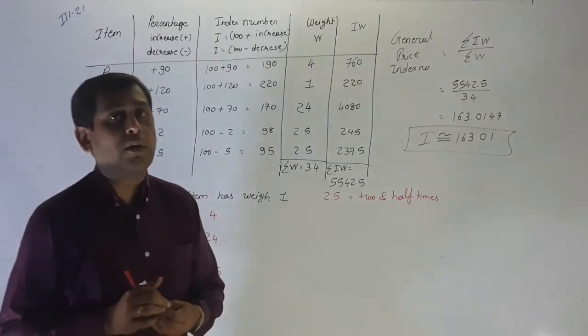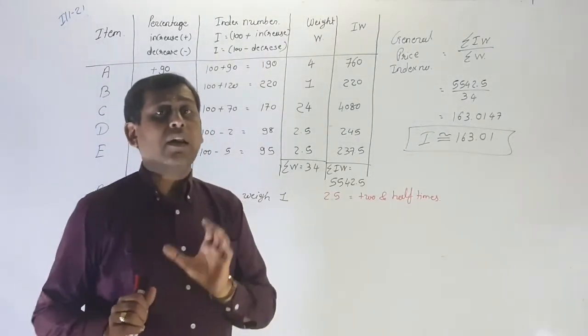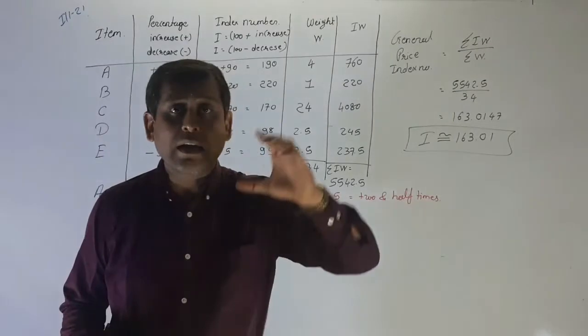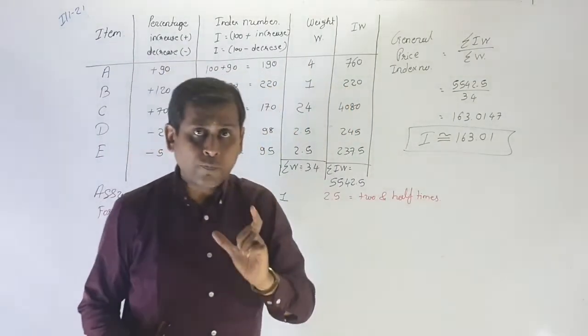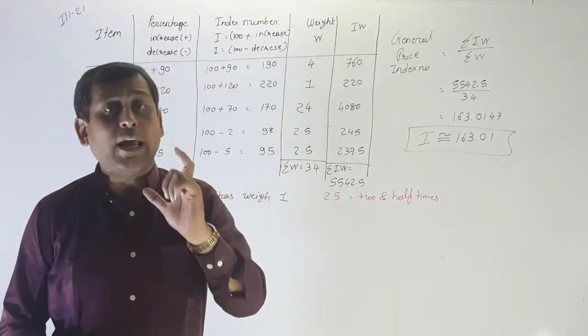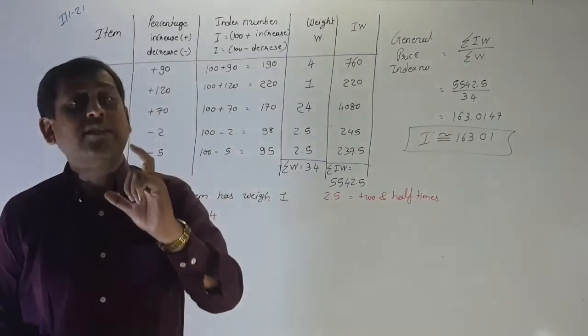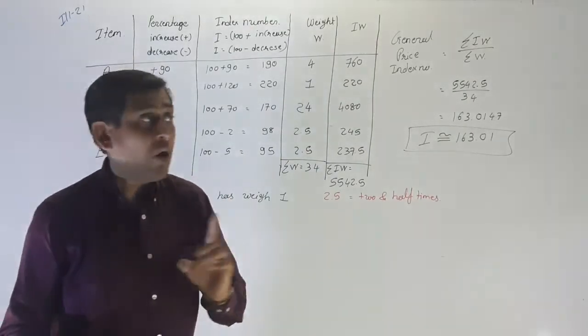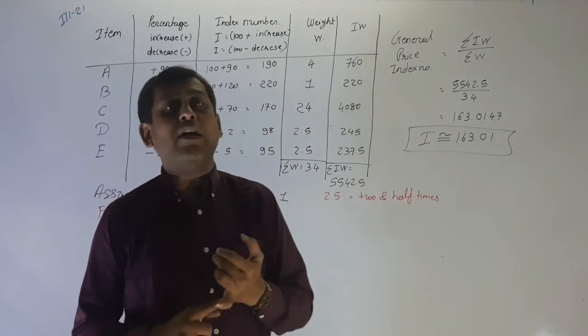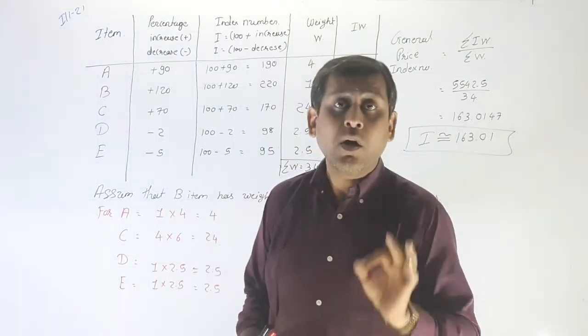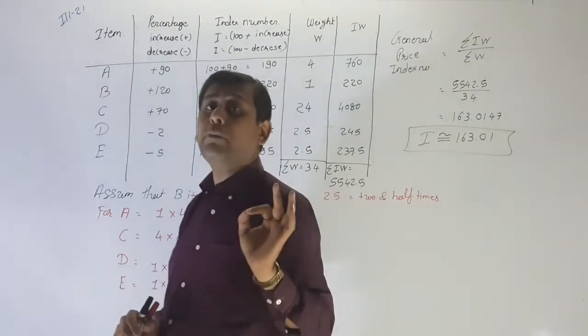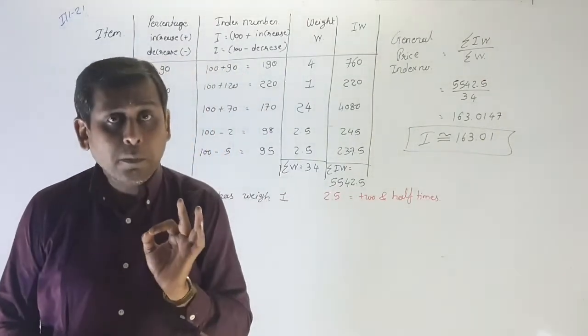Whenever the given data is like this, first they give the data regarding fuel, and we have to find the fuel index number. On the basis of the given data, we can find the fuel index number only by the IL method, that is the Laspeyres method.